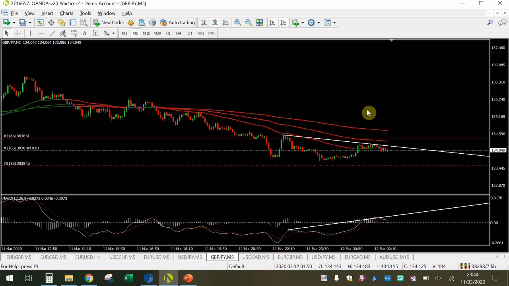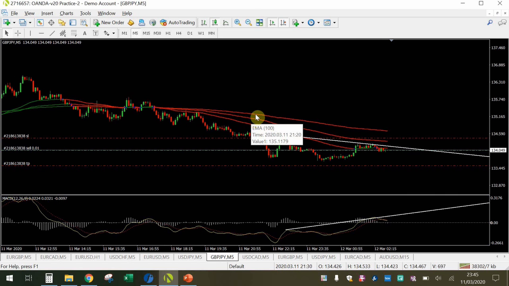And the reason why I like this is, again, you've got the hidden divergence there. You can clearly see, as part of step one, we are in what we're classifying as a downtrend, with the 50 at the bottom, 100 in the middle, and the 200 at the top.